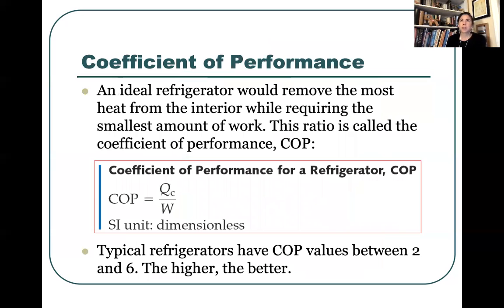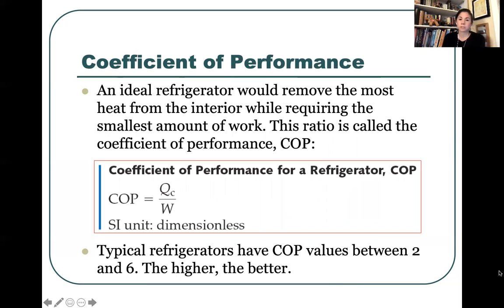So if we look at the efficiency, right? For the heat engine, we're looking at the work that was performed, which was what we wanted to maximize. In this case, that's definitely not the case. In this case, we actually want to take as much heat as possible from the cold reservoir. So that's our QC. And we want to do so with as little work as possible.